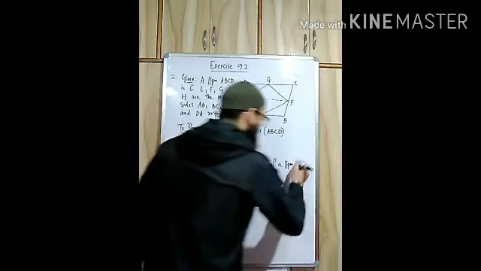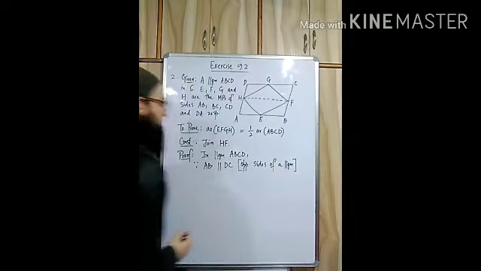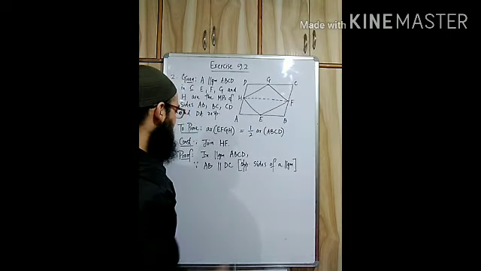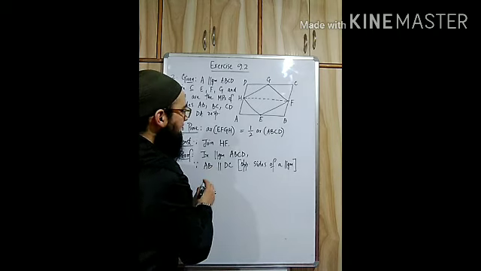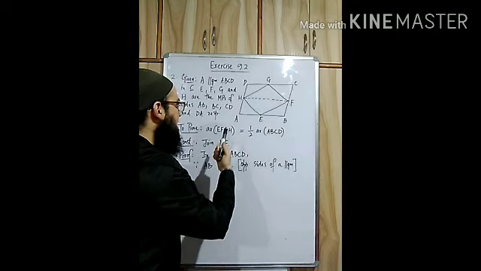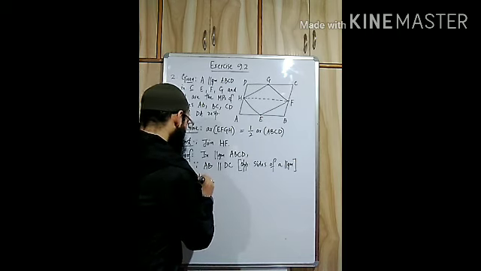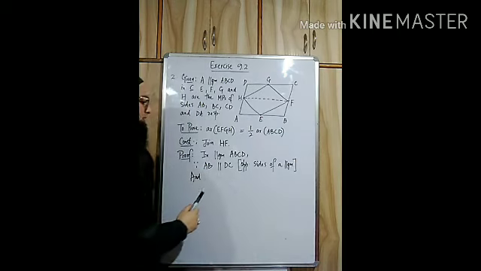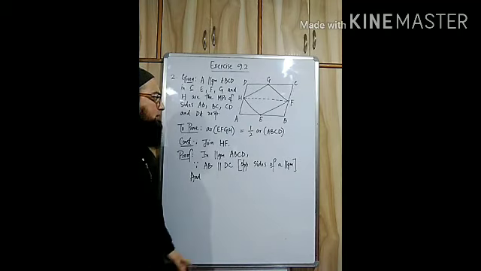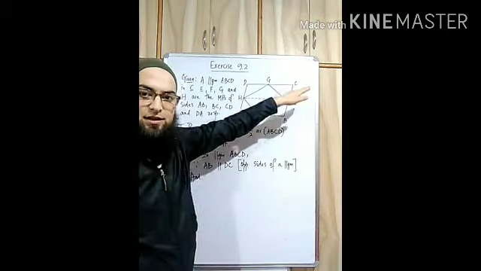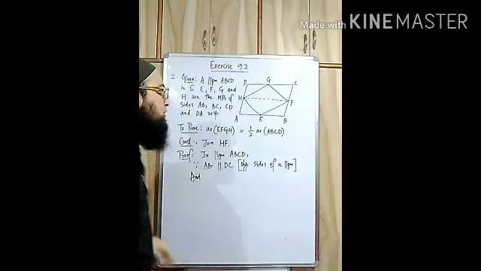Then I can do one thing, HF and... see, AB is parallel to DC, opposite sides of a parallelogram.